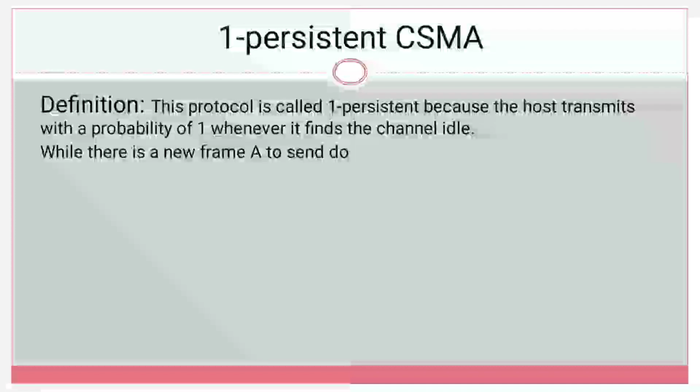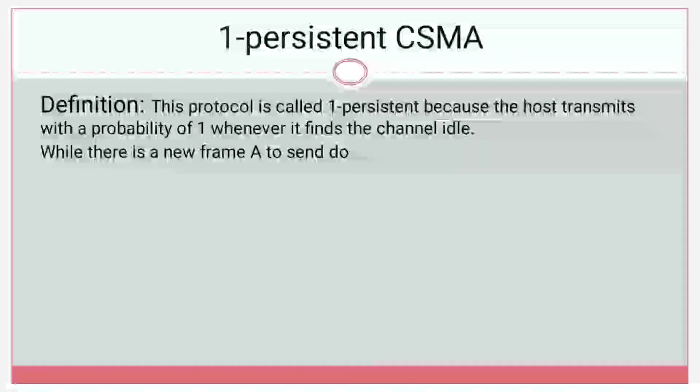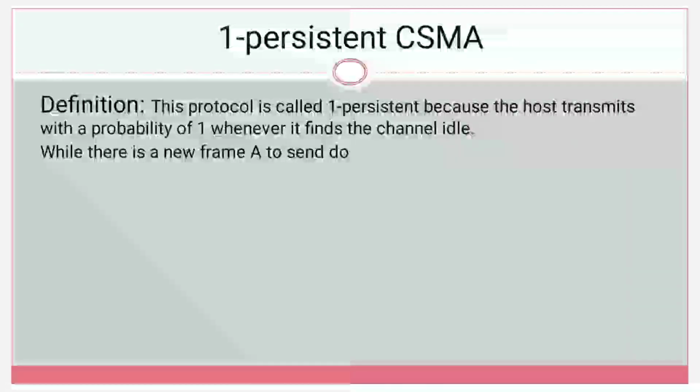That's why the CSMA is called one-persistent CSMA. When a new frame A is sent, how will the steps be taken? So here in one-persistent CSMA, we will follow a step-by-step manner called an algorithm.